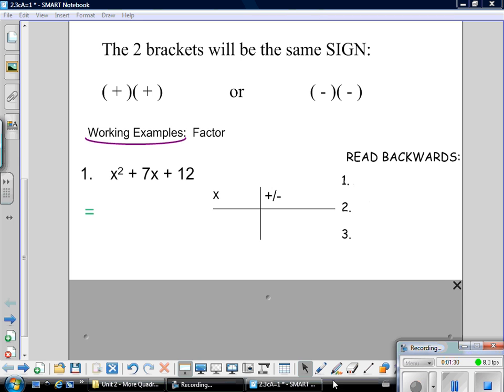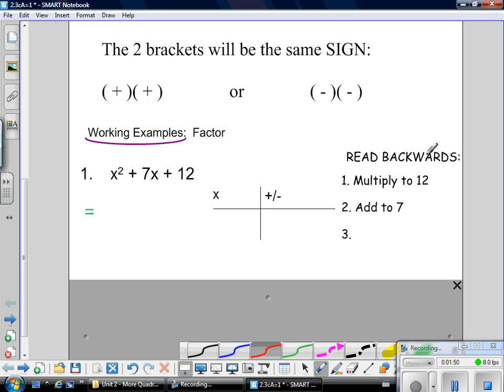So there's three things that we're going to look at. First of all, if I read backwards, I have the number 12. So that means the two numbers have to multiply to give me 12. Because I have a plus sign, that means they have to add, and that's the important thing.